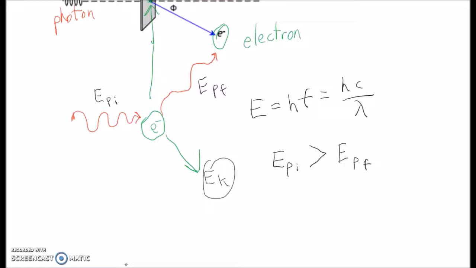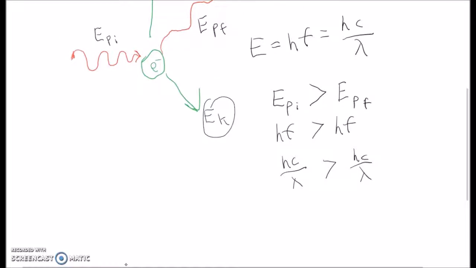Since this equation is true, we can substitute in, instead of having E on either side, hf on either side, or hc over lambda on each side. And if you simplified those down, you could get rid of the h.